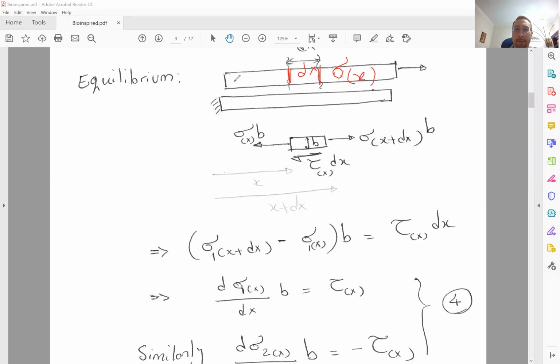So on this end, we are at x, and on this end, we are at x plus dx. So if I take this section and I redraw it here, this is what I will have.